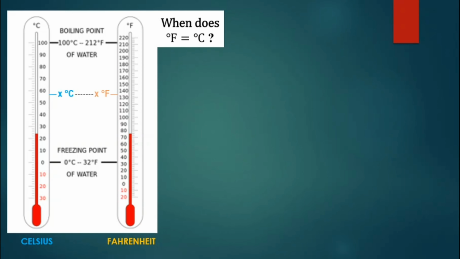So what we are left with are the basic informations, like the freezing point of water, which is 0 degrees Celsius and equivalent to 32 F, and the boiling point of water in degrees Celsius as 100, which is also equivalent to 212 F. From here, we will make an assumption somewhere on both the scales, C and F, that there's a certain point wherein the reading will be of the same value.